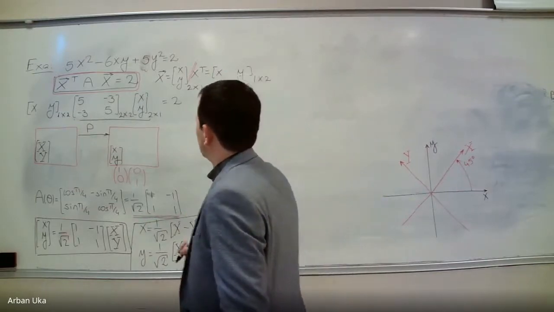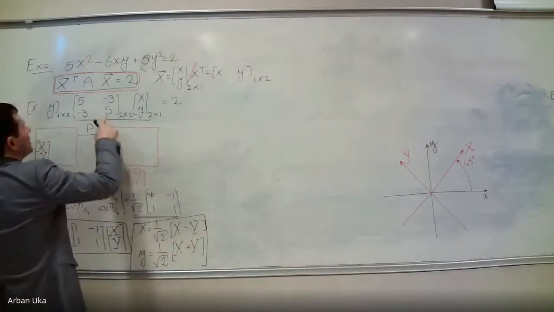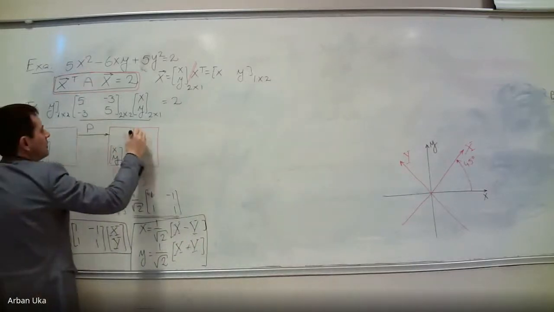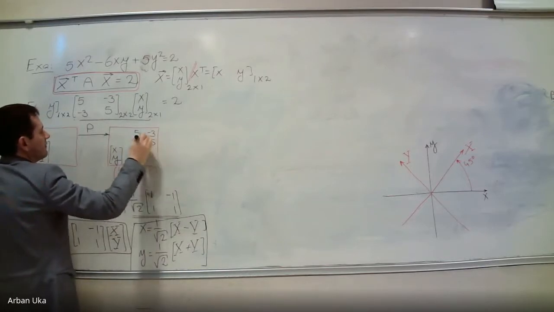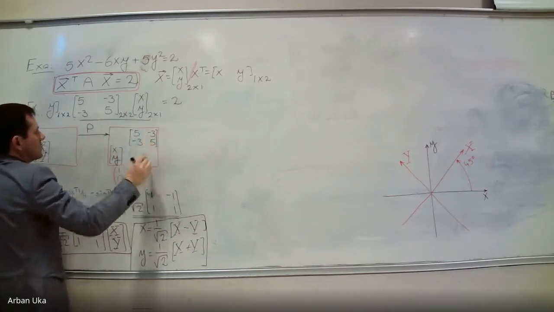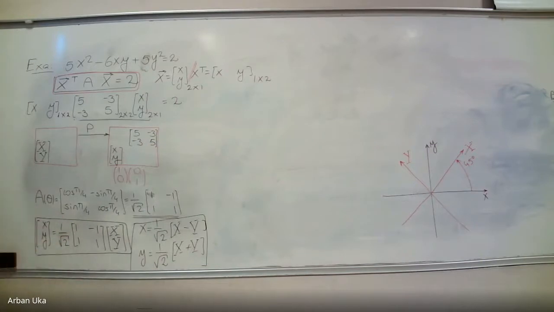And by the way, we are in the standard basis. And for this identity here, we have 5, minus 3, and 5. Okay? So let's not forget, we are dealing in a standard basis.